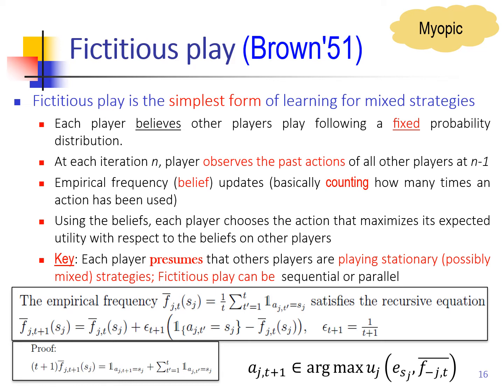All right. So it's very easy. You can write down the proof. Usually I would give you 5 minutes to write this down. But essentially, you start from this, right? You start at t plus 1. So if I replace t plus 1, I get f bar j t plus 1 of s j equals 1 over t plus 1 times the sum from 1 until t plus 1 of this indicator function.